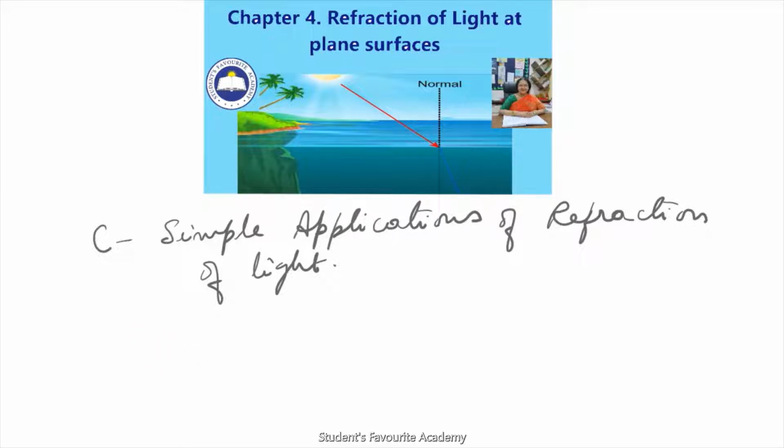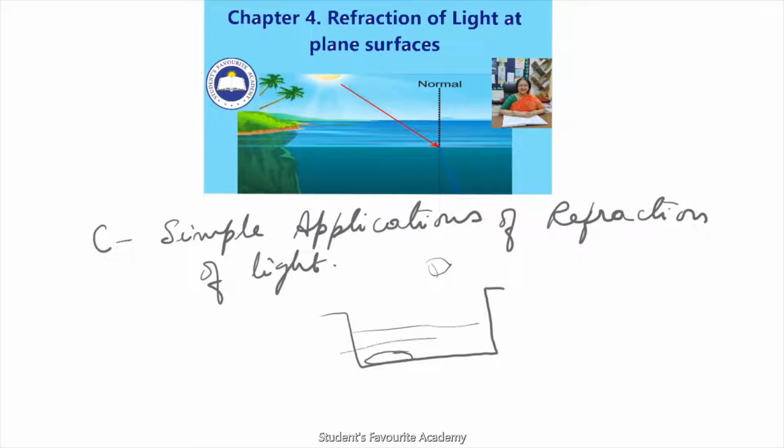Now I'll explain to you. Another example which is a very common phenomenon: suppose in a transparent vessel you keep a coin. Even when there is no water, and you view from outside, the coin appears at the base of the vessel.